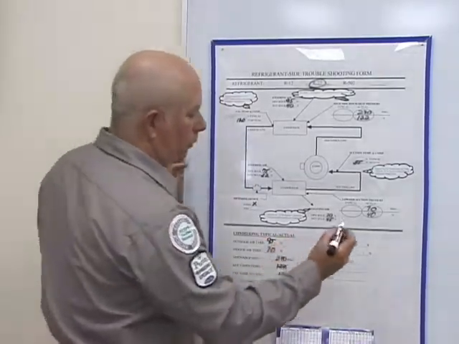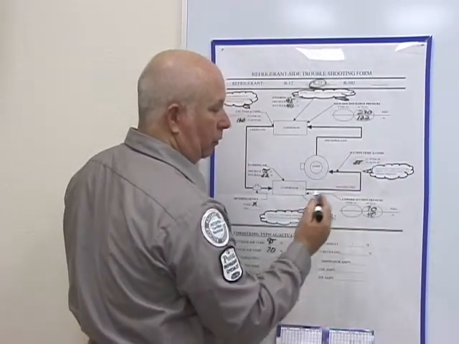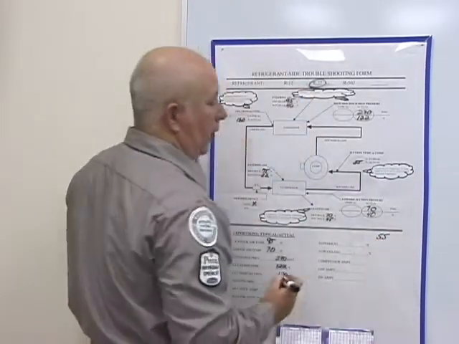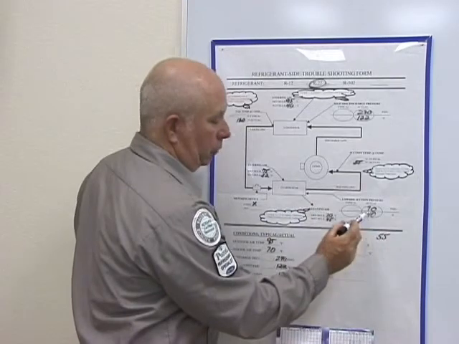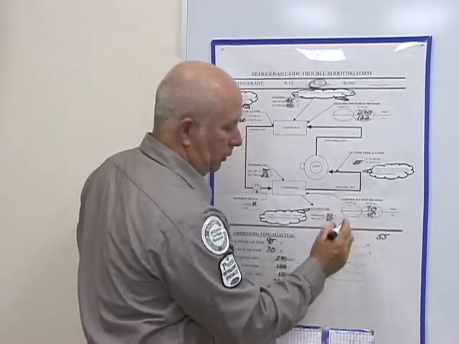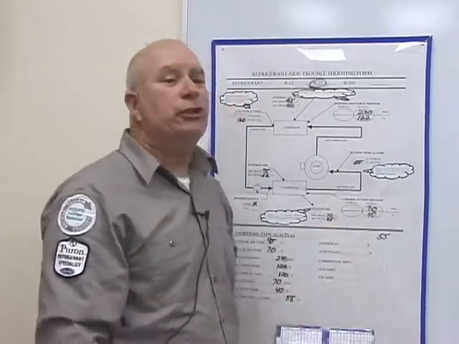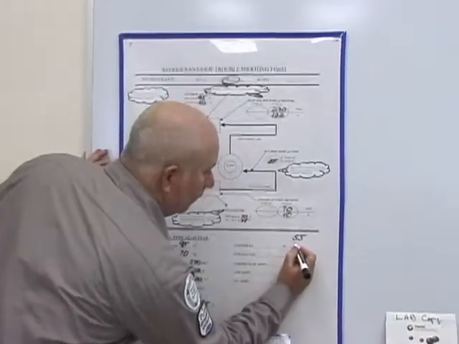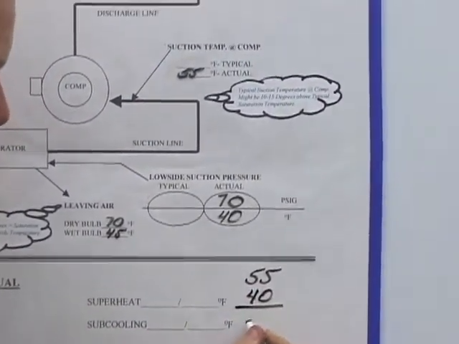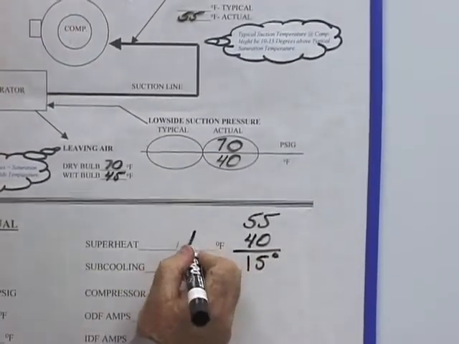Well, you're going to take your suction temperature at the compressor, which in this case is 55 degrees, and you're going to subtract the saturation temperature for your evaporator, which is 40 degrees. Here it gives me a 15 degree superheat.